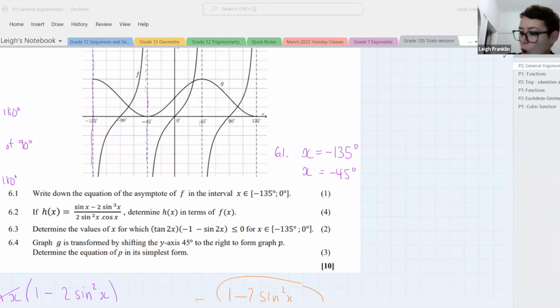Now again, what they are doing here is that they are bringing in our understanding of quadratic inequalities, okay? But it's not difficult, okay?